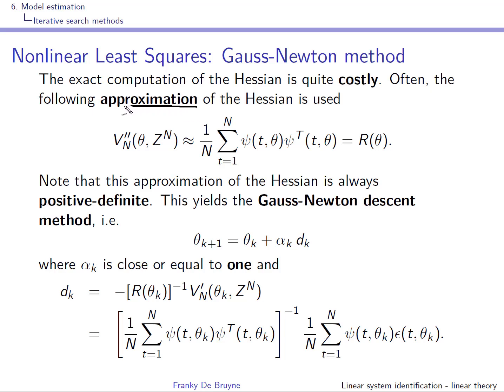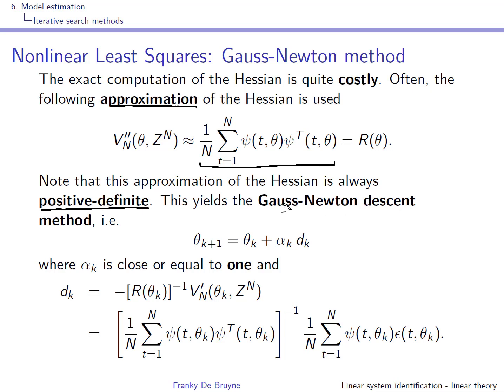This approximation is simply taking the first term in the previous expression, and the advantage is also that by doing this we obtain a matrix that is positive definite. This is something that we have seen last year in the course on linear algebra, so go and have a look if you have forgotten the concept of a positive definite matrix.